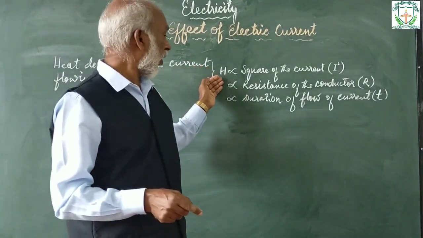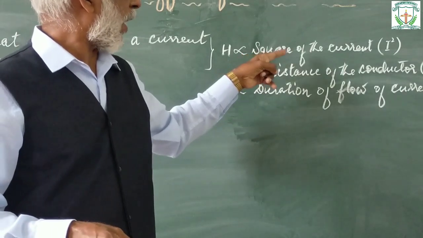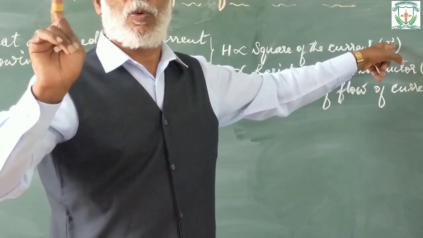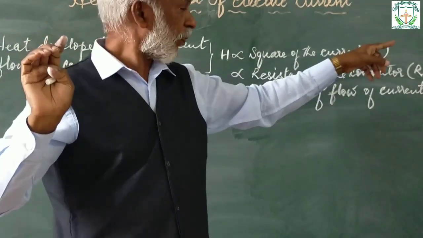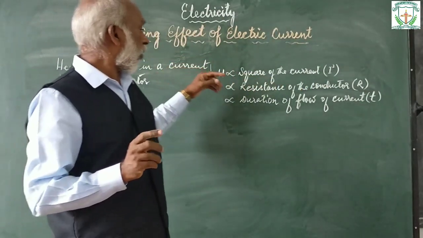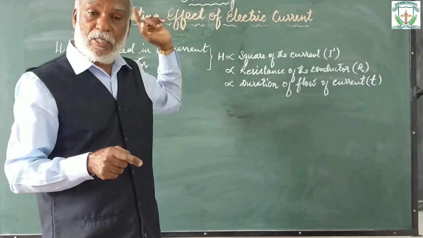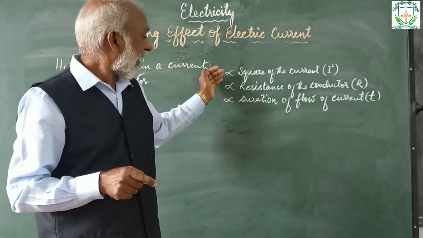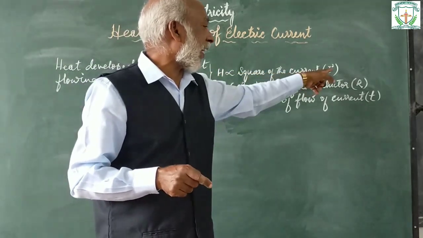Heat H is proportional to the square of the current, that is I squared. These are all from practical observations. From practical observations, we know that the heat developed in a current flowing conductor is directly proportional to the square of the current.